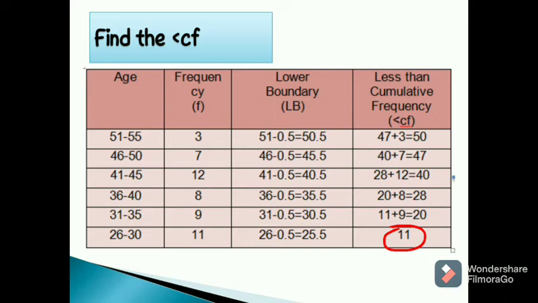Then for the second class, we add 9 to 11, so here is 20. Then the third class, we add 8, so 28. Then plus 12 in the fourth class, so 40. Plus 7, 47. And then at the last class, we have 50. So that is the less than cumulative frequency.